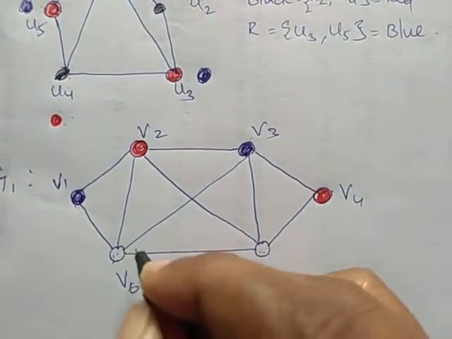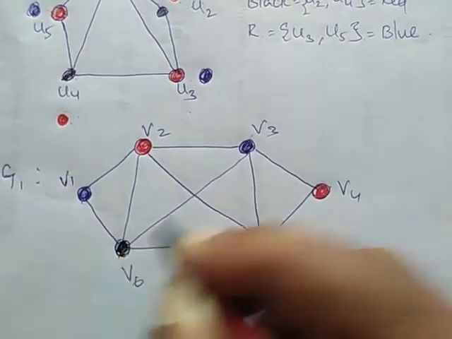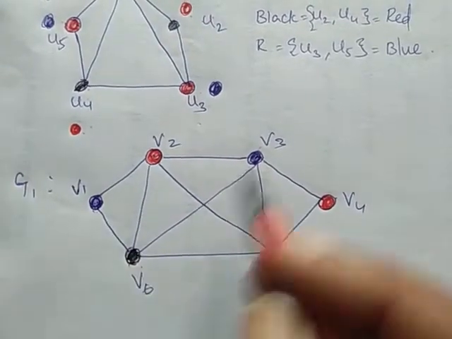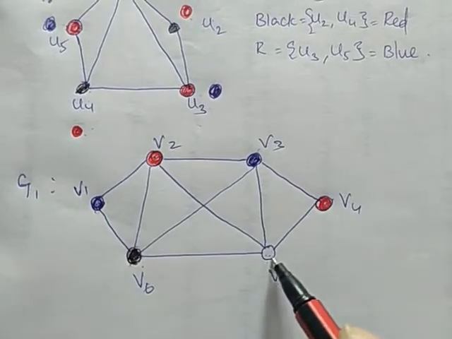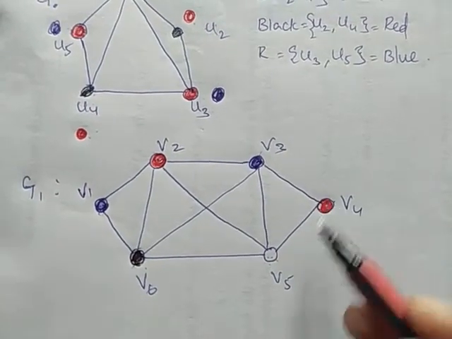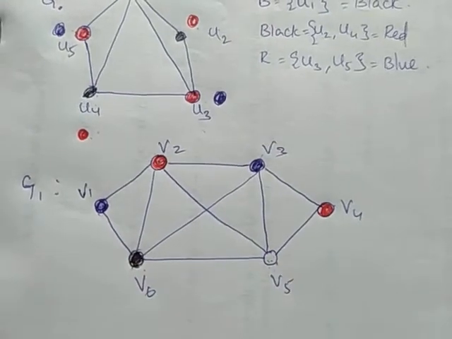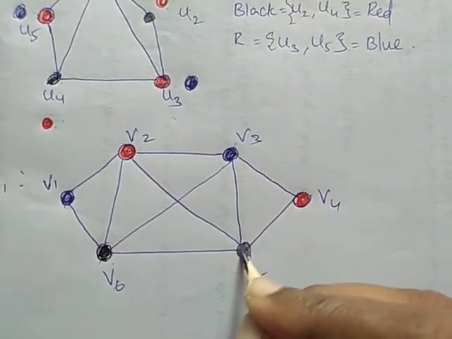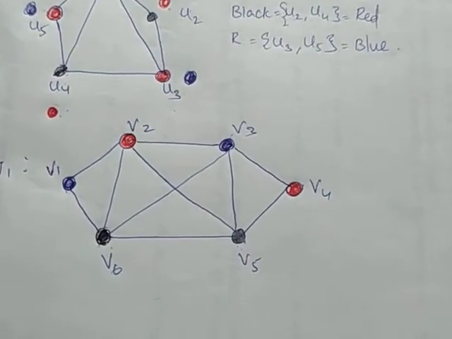Now I'll take this as black color, since V2 is adjacent and V1 blue is adjacent. Here V5, red is adjacent, blue is also adjacent, black color is also adjacent. So I'll take some other color, gray. Now using 4 colors, we can color this graph properly.